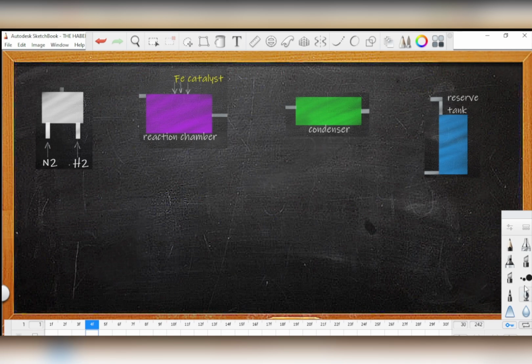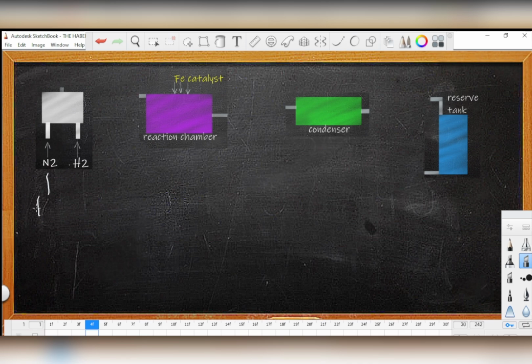Nitrogen. How do we get nitrogen? Nitrogen is obtained from fractional distillation of liquid air. Hydrogen, on the other hand, is obtained from cracking hydrocarbons.